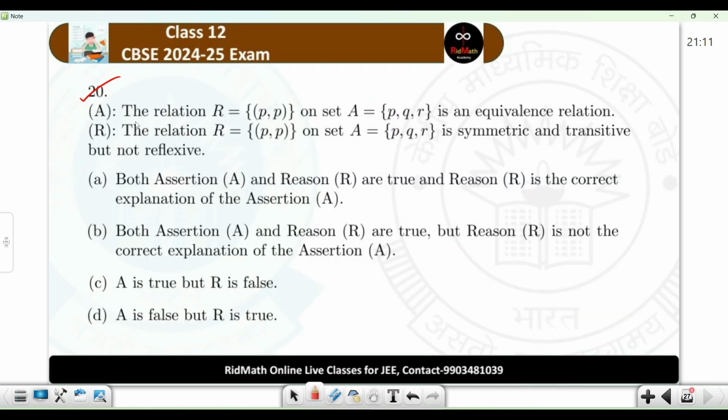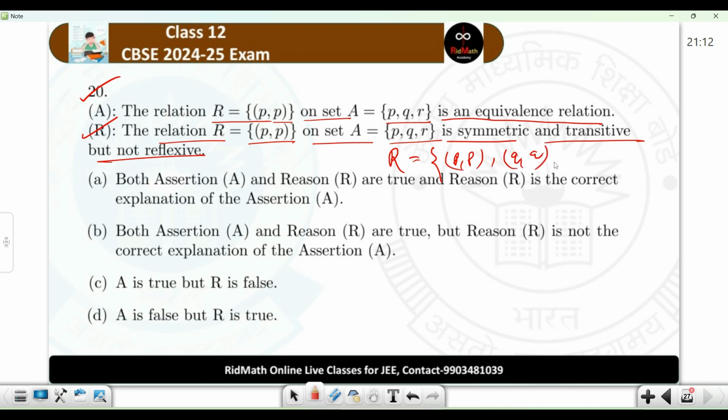question number 20. Assertion: the relation R equal to (p, p) on the set A equal to {p, q, r} is an equivalence relation. Reason: the relation R equal to (p, p) on the set A is symmetric and transitive but not reflexive. So this is true, because if R has to be reflexive, that means (p, p), (q, q) and (r, r) should be there. This is the main condition for being reflexive. For all x belonging to the set, (x, x) should be in the relation.